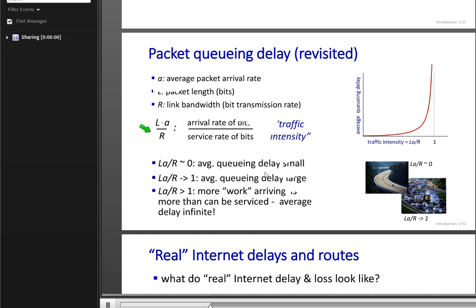We define traffic intensity as this: L times A divided by R. R is the transmission rate or the bandwidth of the link in bits per second. What does it mean?